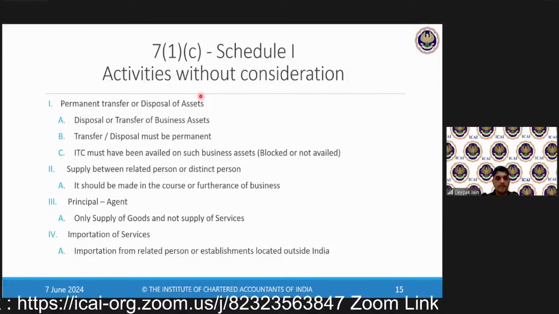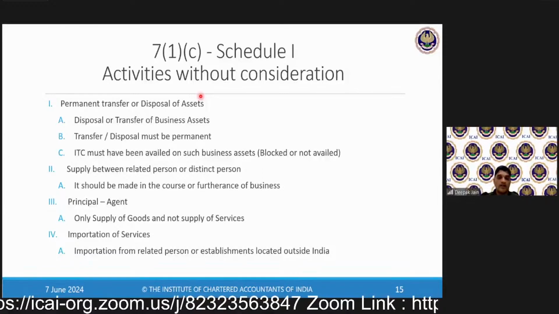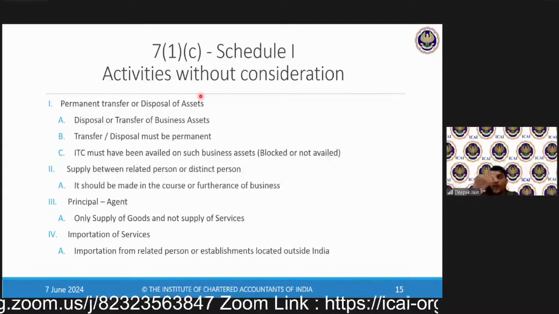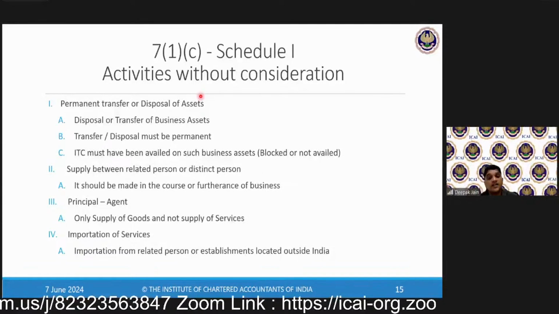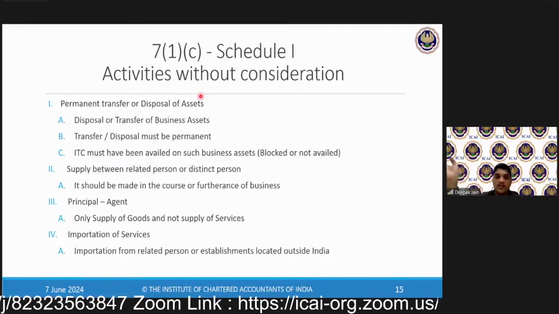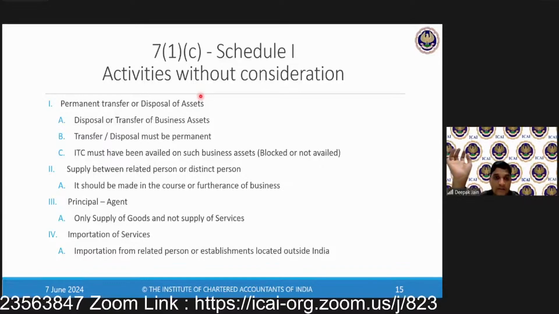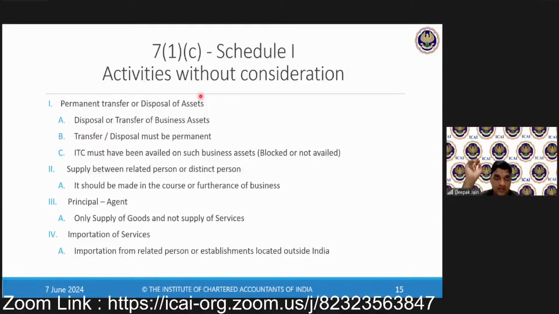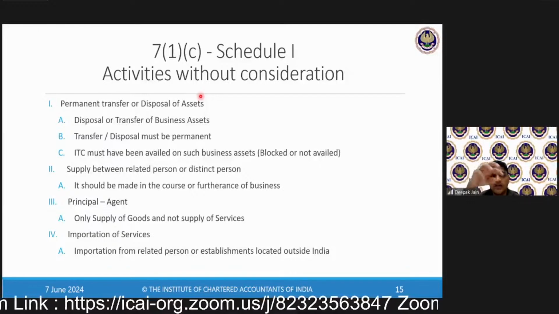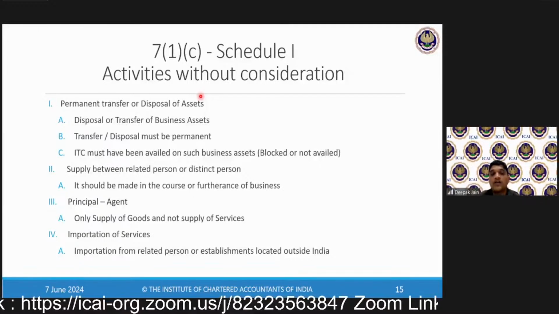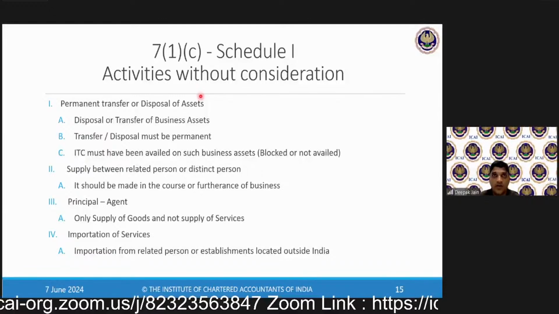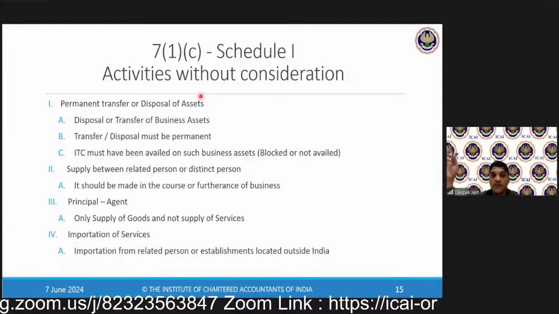Okay. And another example of a distinct person is you are registered in one state and you have a branch in another state. Now, whether you have registered that branch or not, it is in a different state. They are also treated as a distinct person. So any transaction between a related person or a distinct person will always be influenced. Okay, so there will be an influence of some price.